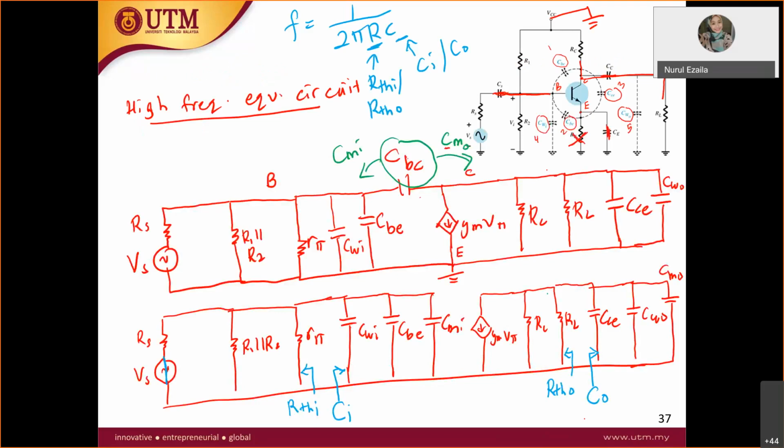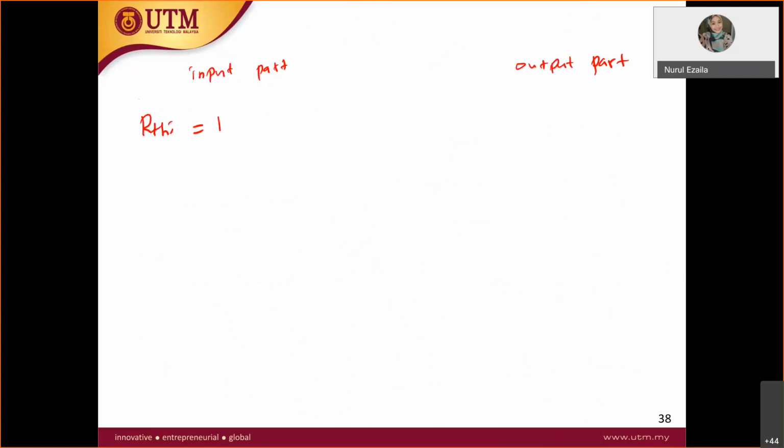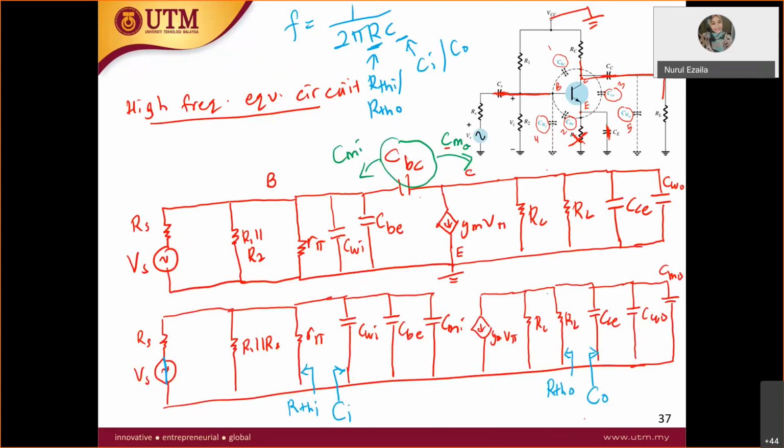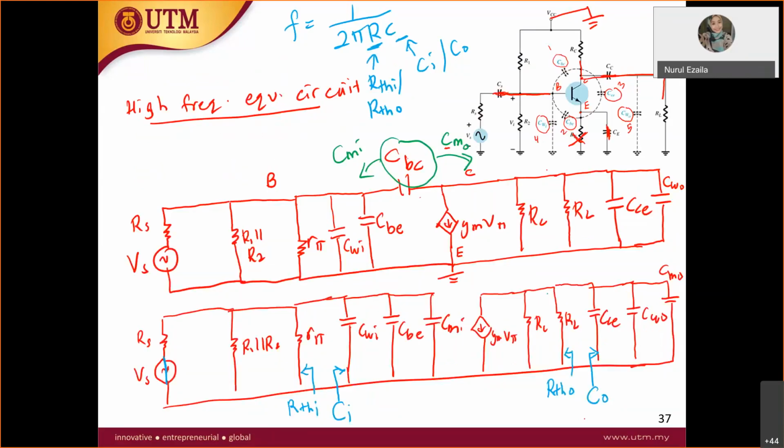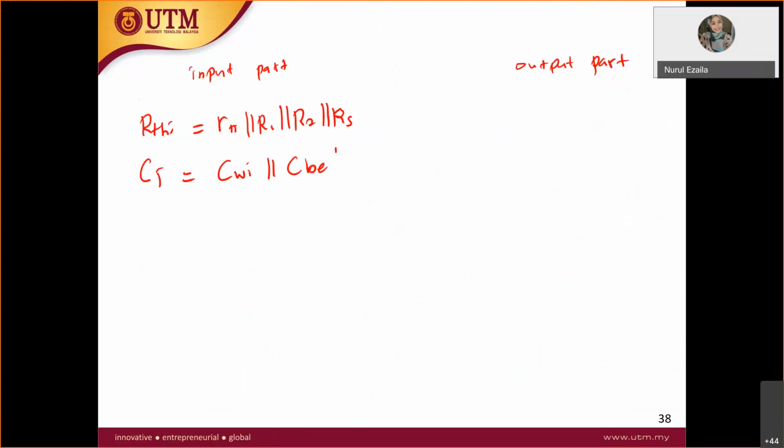All resistors in parallel: R pi parallel with R1, parallel with R2, parallel with RS. Then C in, what is C in? Parallel as well, right? CWI parallel with CBE, parallel with CMI.